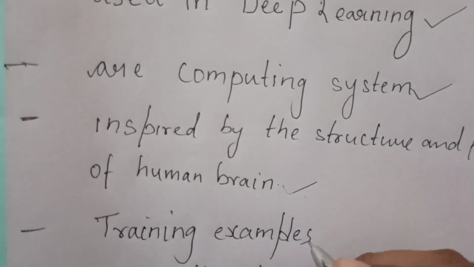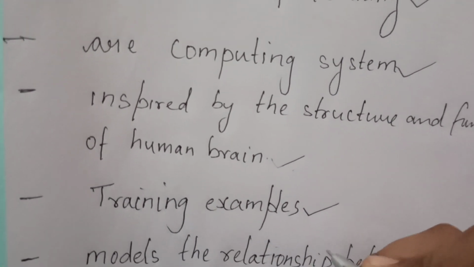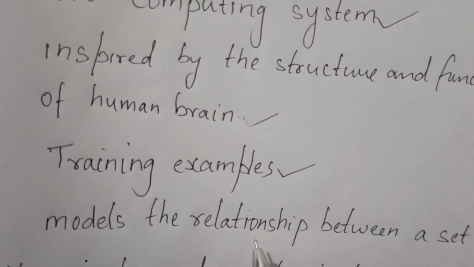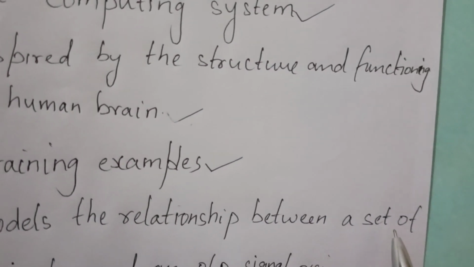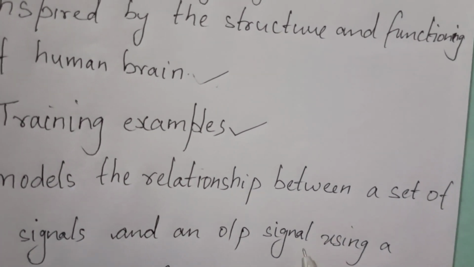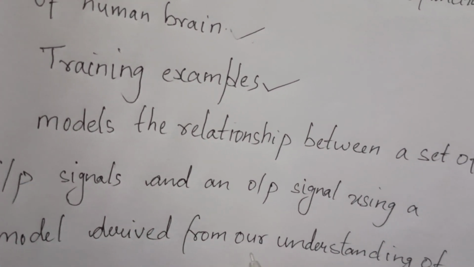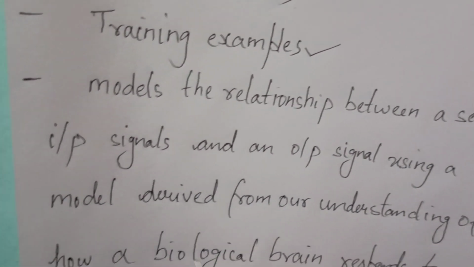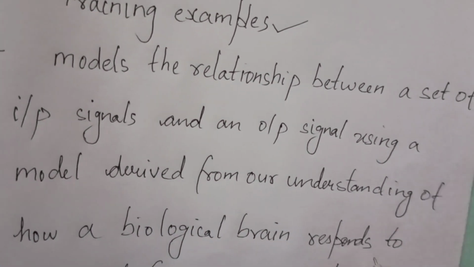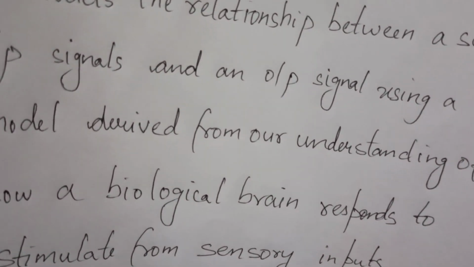Instead, we directly give the examples or data set to the model. Neural network models the relationship between a set of input signals and an output signal using a model derived from our understanding of how a biological brain responds to stimuli from sensory inputs.